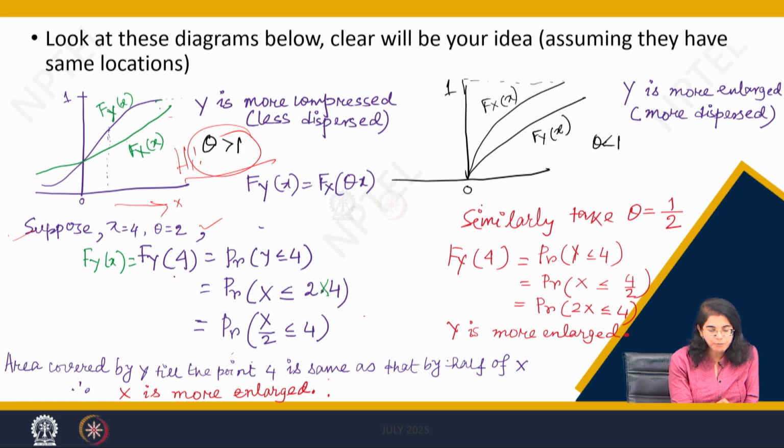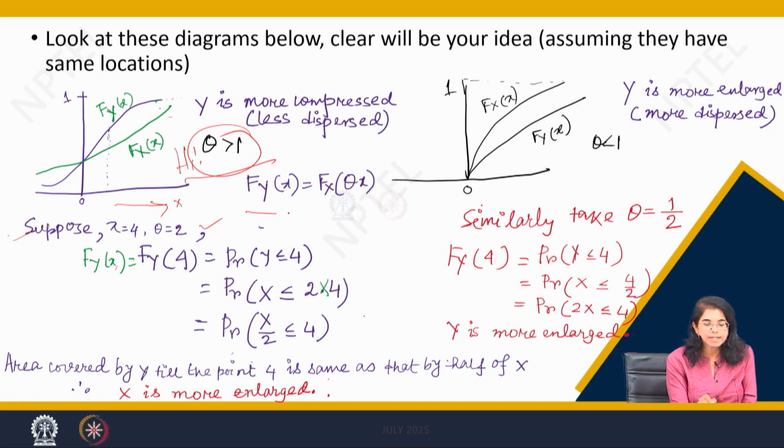F_Y(x) is equal to F_Y(4). Here small x is the value taken by both the random variables capital Y and capital X. Clear? So, the probability that capital Y is less than or equal to 4. Now, capital Y less than or equal to 4 is the same as X less than or equal to 2 times 4, right?